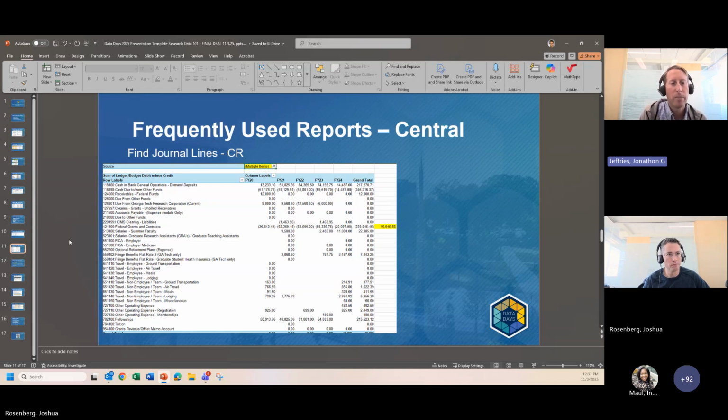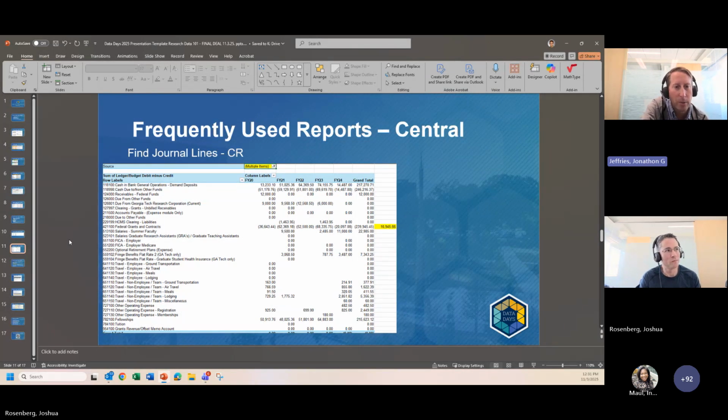We'll take it, throw it into a pivot table. Up there at the top, I show my pivot table where I've removed one of the sources, which is beginning balance. We're not going to get to accounting backbones, but if you use beginning balance in this report on your Find Journal Lines, you're not going to get the numbers you want to see. You're going to get a lot of roll forward things that happen at year end, and it's going to kind of cause confusion. But I do it by fiscal year, and things I'll do is I'll look up here and I can see the AR.